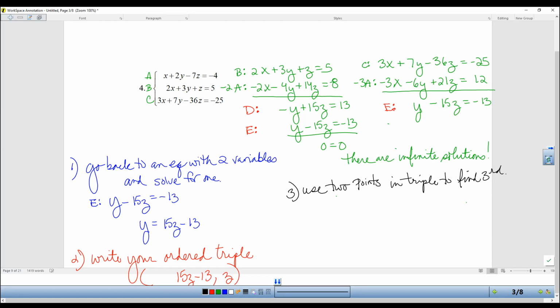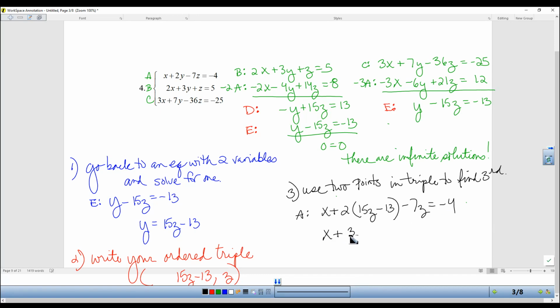So I personally am going to go back to equation A. Notice I'm labeling all my work. x plus 2, and what is y? I'm using the 2 points in my ordered triple. It's 15z minus 13. Minus 7z, z is z, so I can just leave it like that, is negative 4.